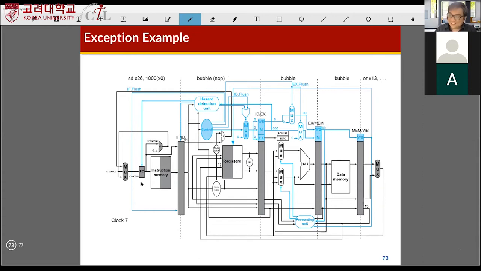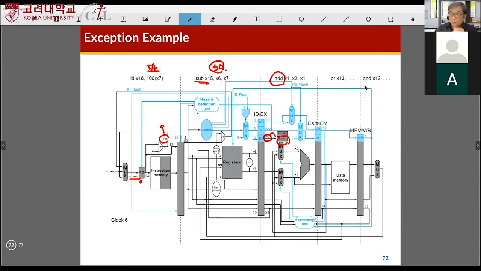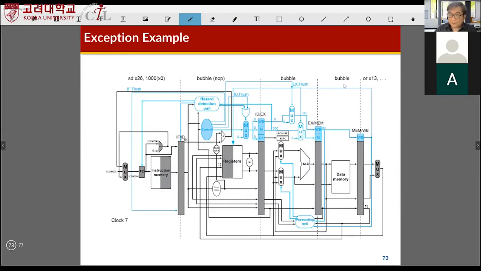So in the next clock cycle, the processor needs to complete the AND and OR instructions. So OR is propagated to the write back stage. And how about the ADD instruction? The ADD instruction caused an error because it's the exception, so the ADD instruction is also cancelled.